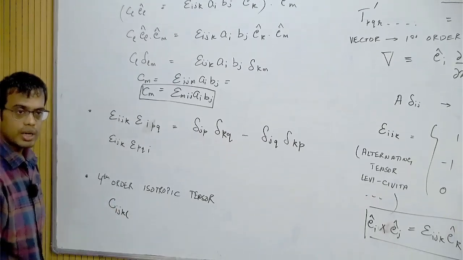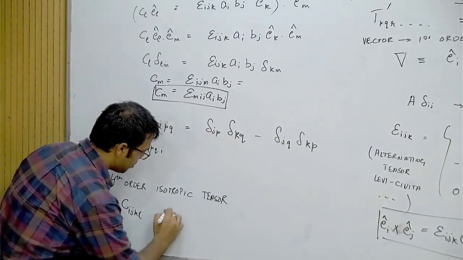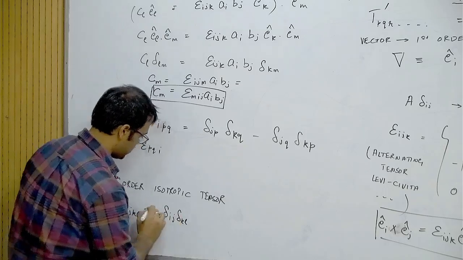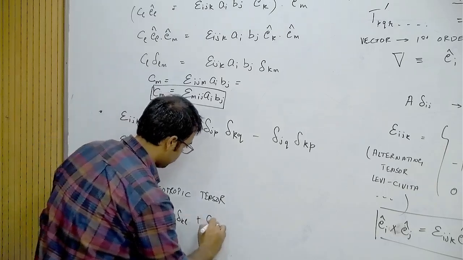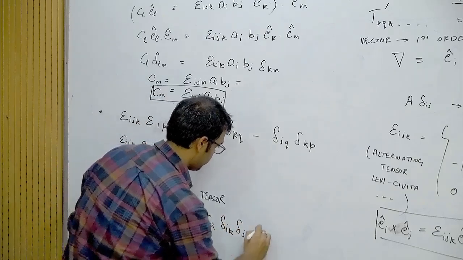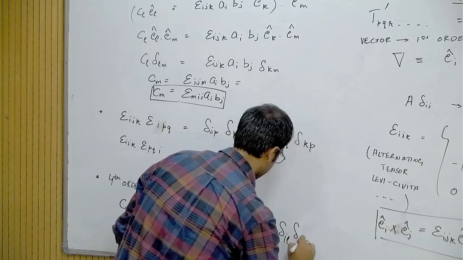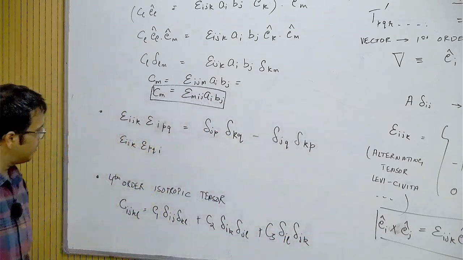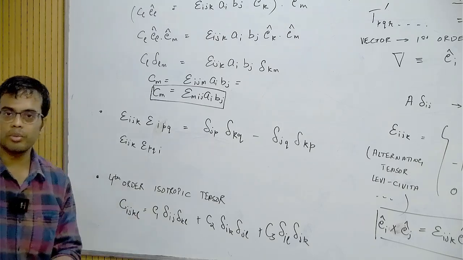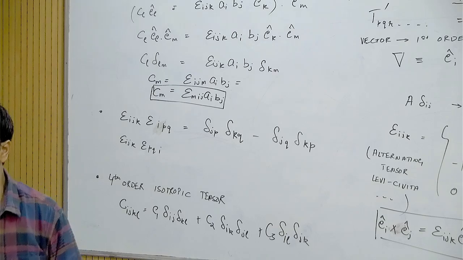Then you can define it using linear combinations of delta I j delta k l, let's say C1 times this, plus C2 times delta I k delta J L, plus C3 times delta I L delta J K. You can think of this fourth order isotropic tensor as a tensor product of two identity matrices, let's say.